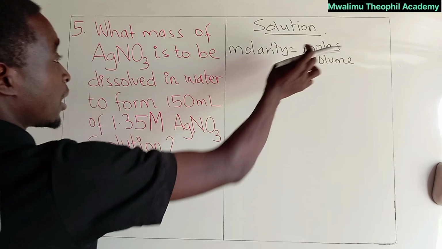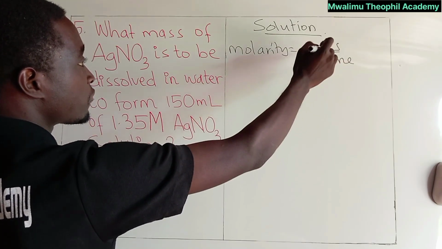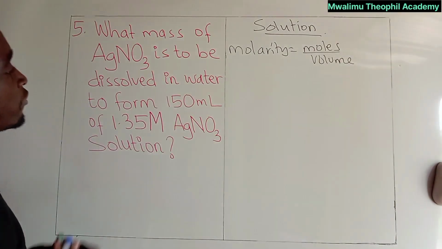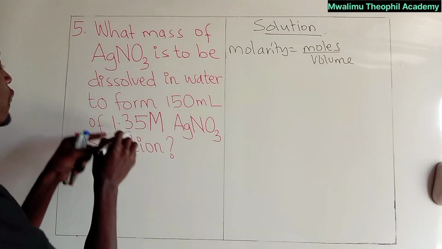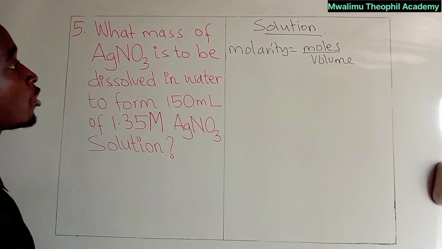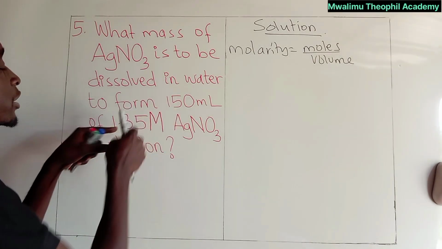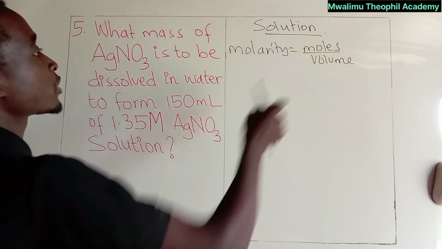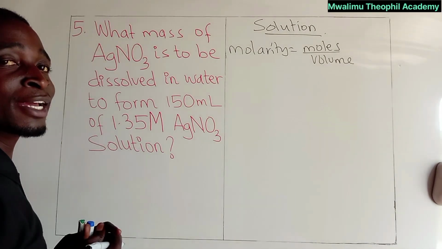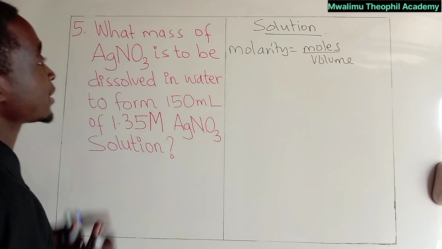So, what data do we have in terms of moles and volume? Here we have a volume of 150 milliliters and we have 1.35 moles per liter as our molarity. So we may use this volume and given molarity to work out the number of moles. After obtaining the number of moles, it is where we will get the mass which is asked here.